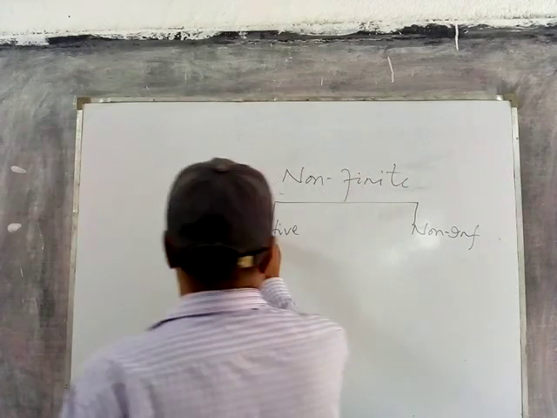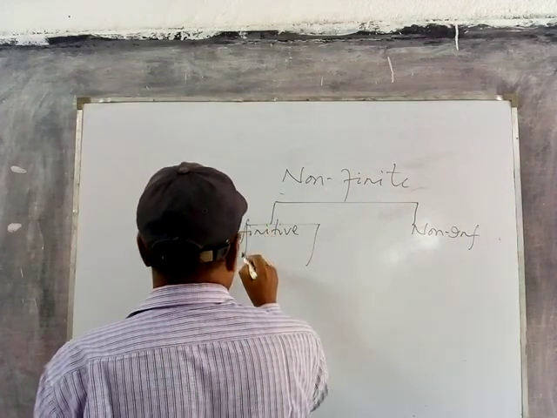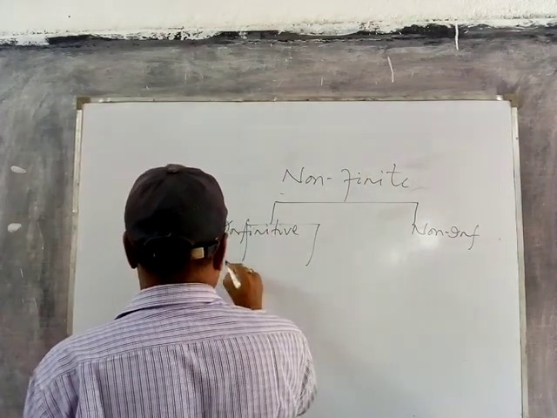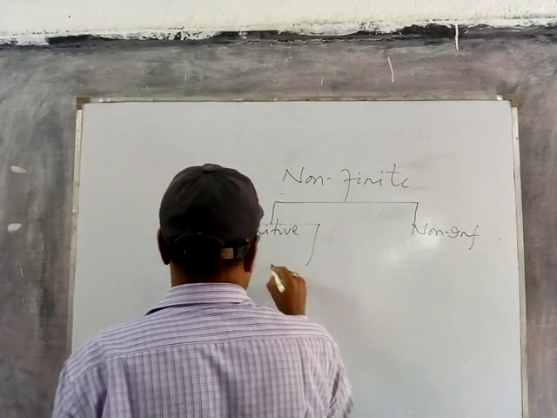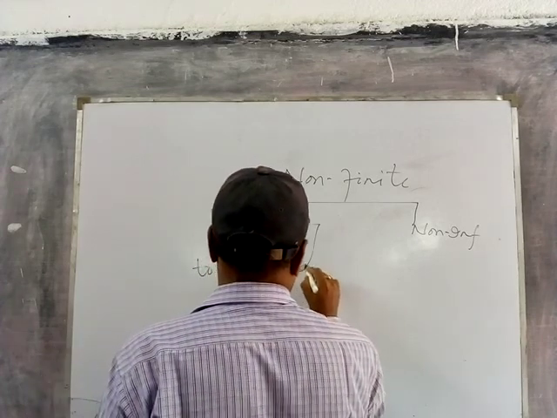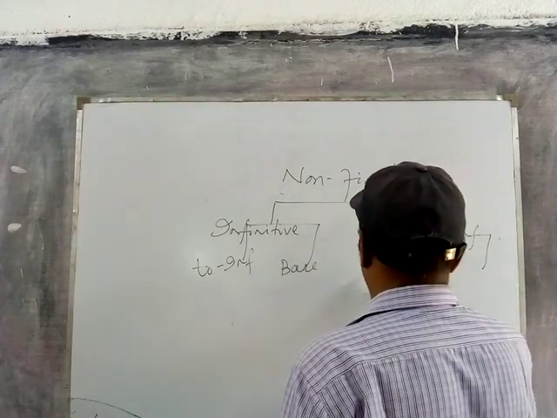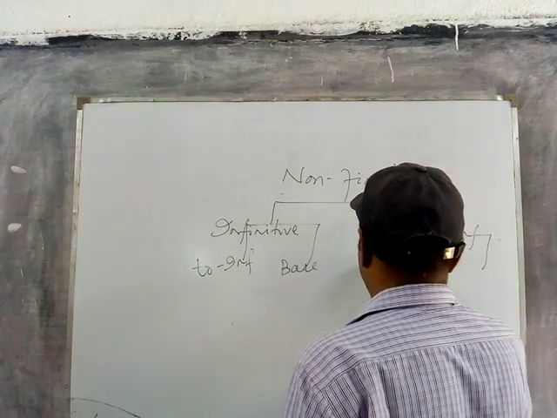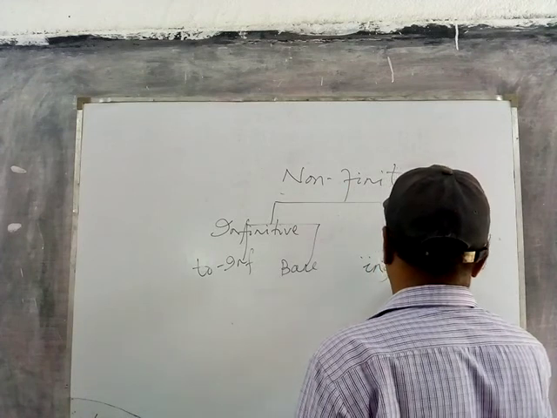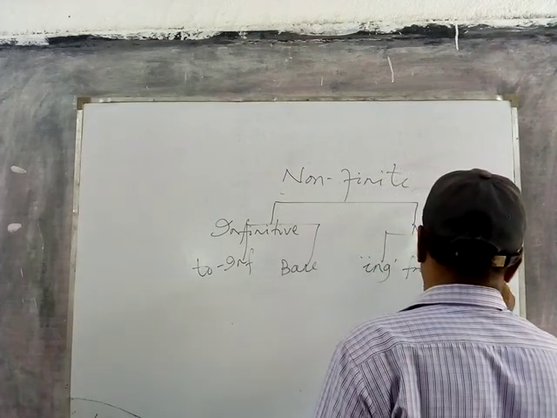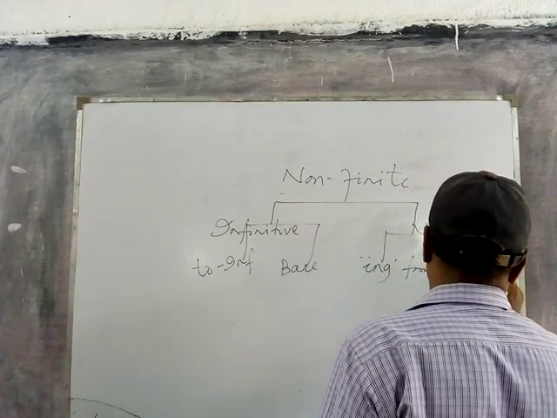The infinitive group can be divided into two: to-infinitive and bare infinitive. The non-infinitive group can be divided into two: ing form, and N form, or so to say, PP form.